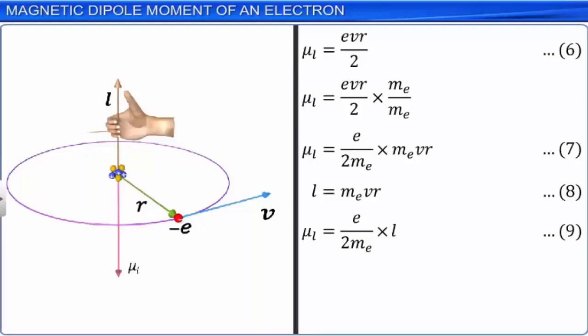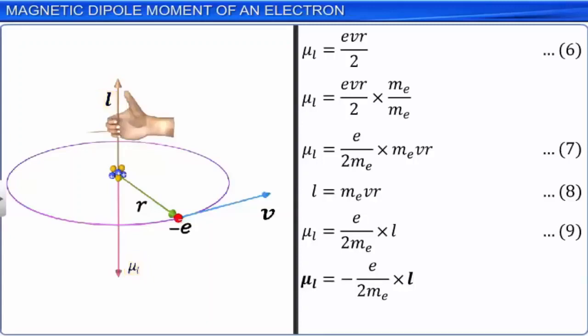Thus, we find that the angular momentum of the electron and its magnetic moment are in opposite directions. Vectorially, the relation between the magnetic moment and angular momentum of an electron is mu L is equal to minus e by 2 me into L. The negative sign indicates that mu L and L are in opposite directions.